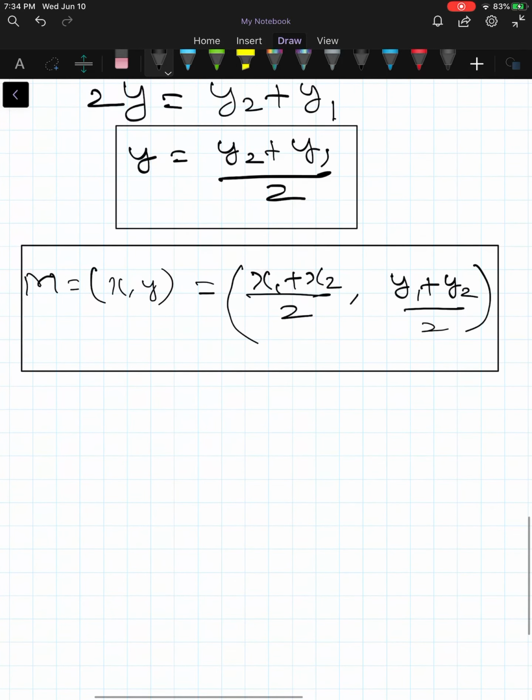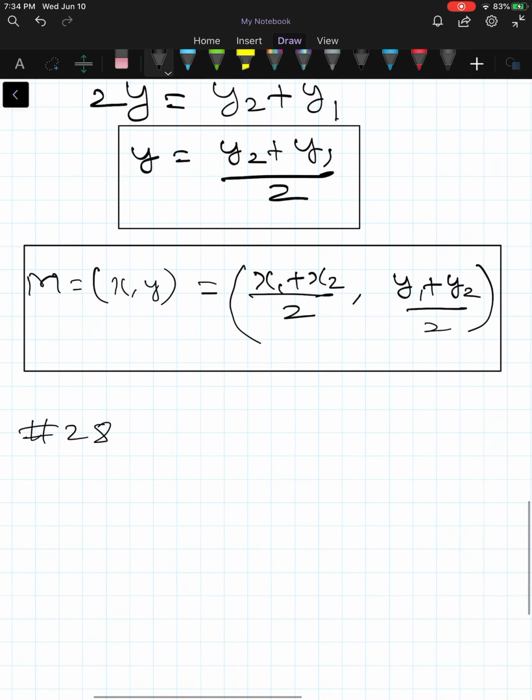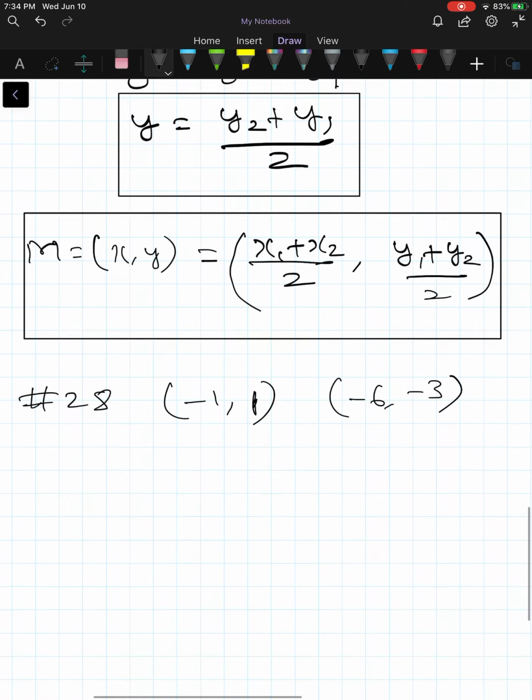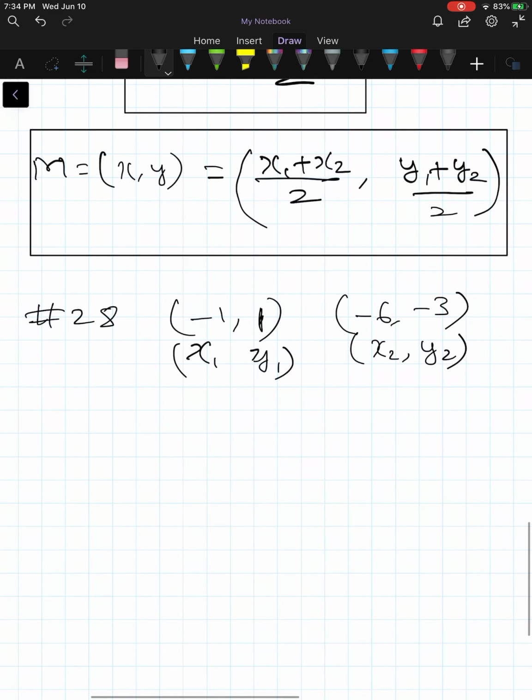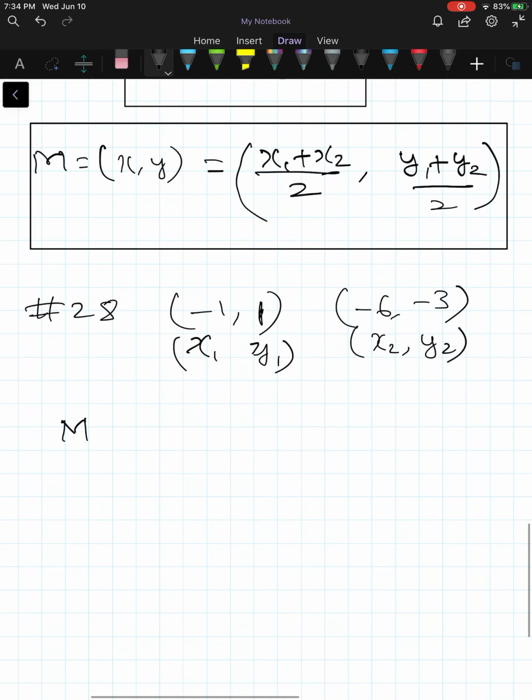Let us do a problem. So this is problem number 28 in your book. If we are given points -1, 1 and -6, -3. So this is our x1, y1 and this is our x2, y2. So find out the midpoint of that. So that will be M of x, y. Apply the formula here.